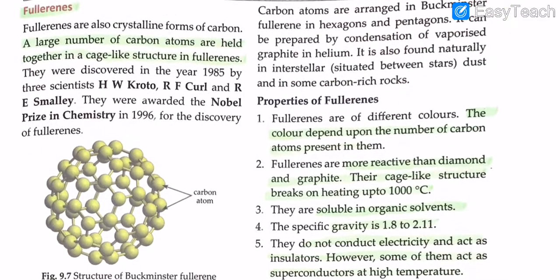So he was well recognized. The carbon atoms are arranged in the Buckminster Fullerene in hexagons and pentagons, so both six-sided and five-sided.